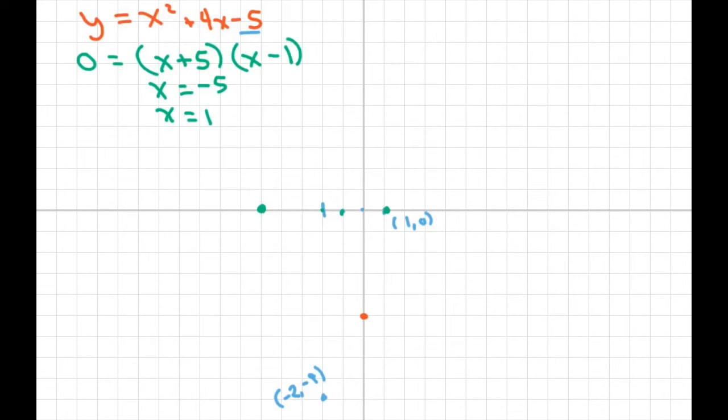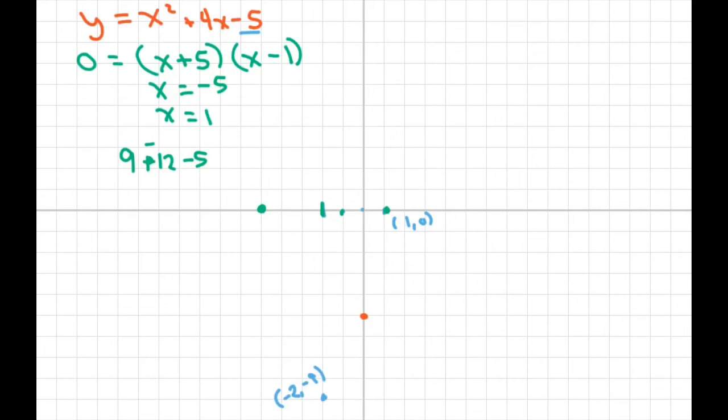So what's the midpoint between these two? Right in here. 1, 2, 3. Right in here. So if I plug in 3, I get 3 squared, 9, plus 12. So -3, sorry, minus 12, minus 5. So we're way down in here. So I'm just going to estimate it, the vertex is going to be down here somewhere.